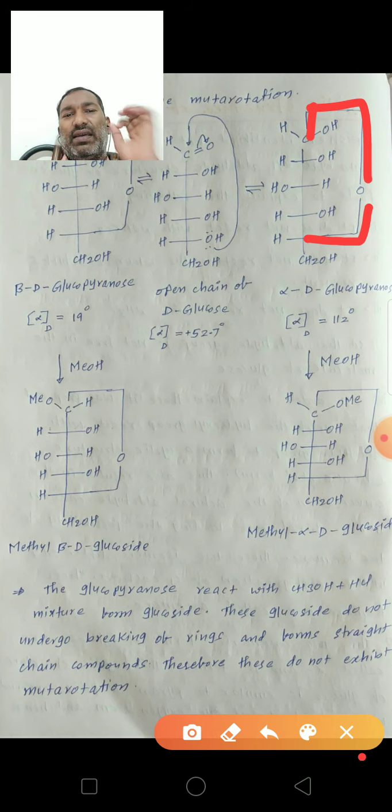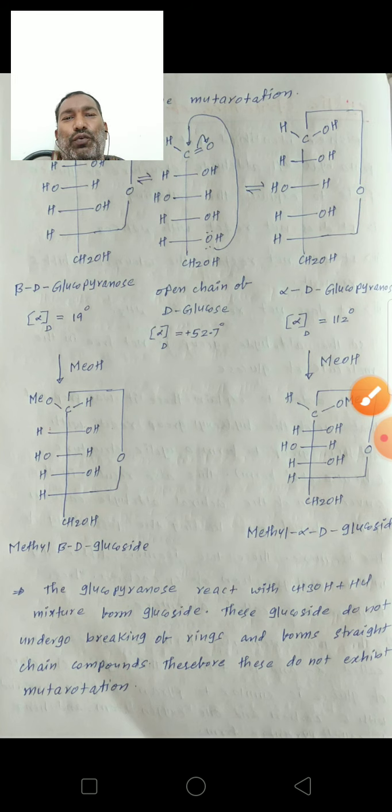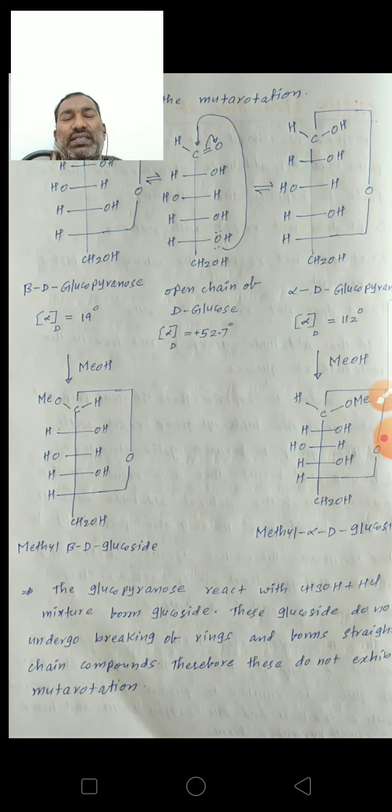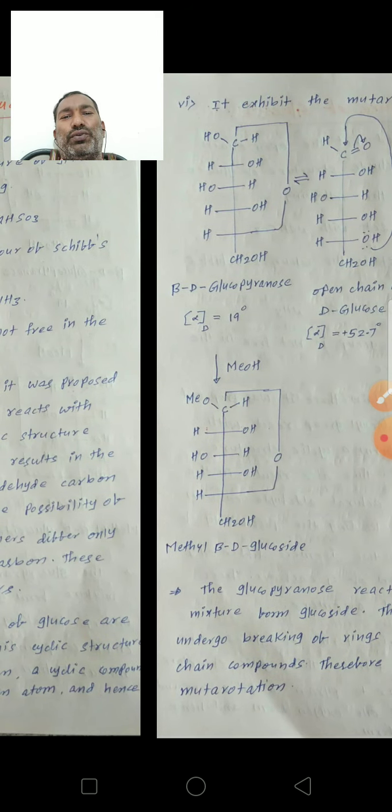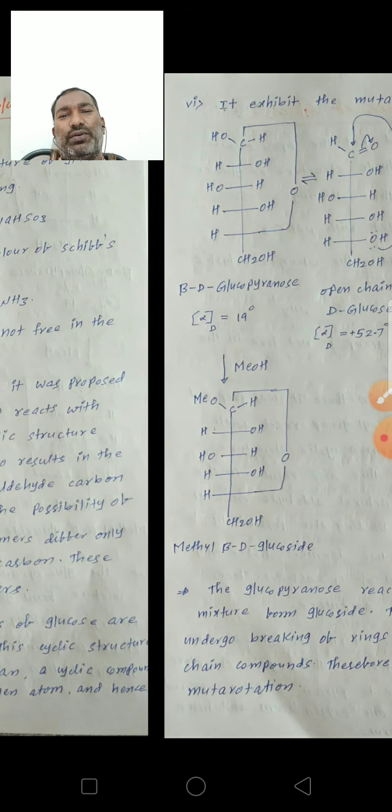So this is alpha D-glucopyranose. The specific rotation of alpha D-glucopyranose is 112 degrees. If the OH on the first carbon is on the left side, this is known as beta D-glucopyranose.